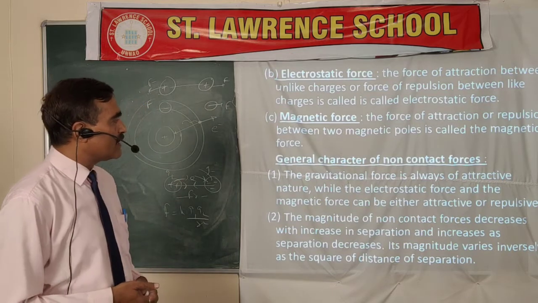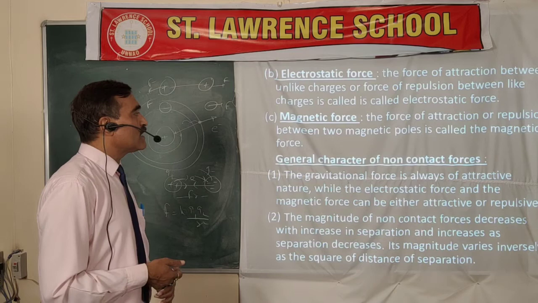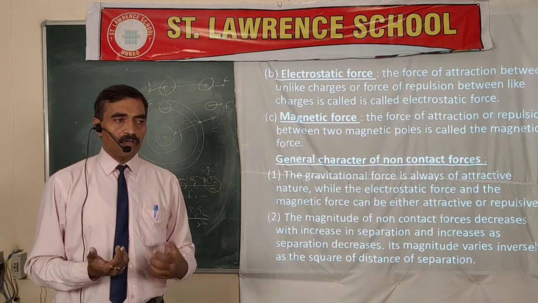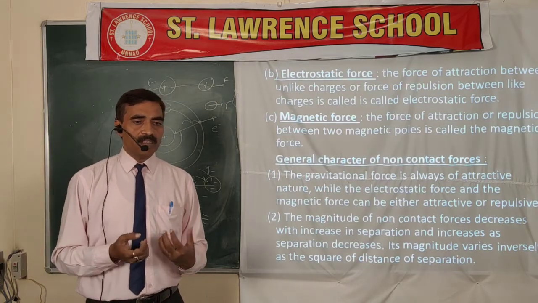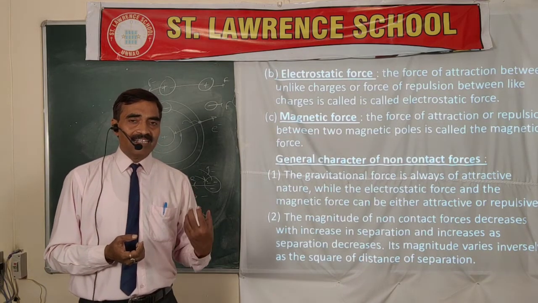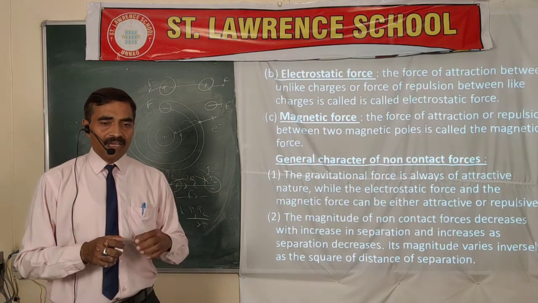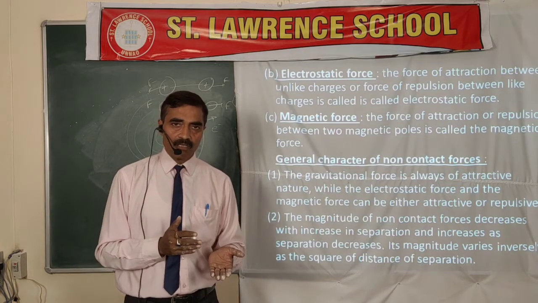After that, the magnetic force: the force of attraction or repulsion between two magnetic poles is called the magnetic force. Now in the case of a magnet, one end is a north pole, another is a south pole, and we cannot separate them. If we break the magnet, again a north and south pole are created.